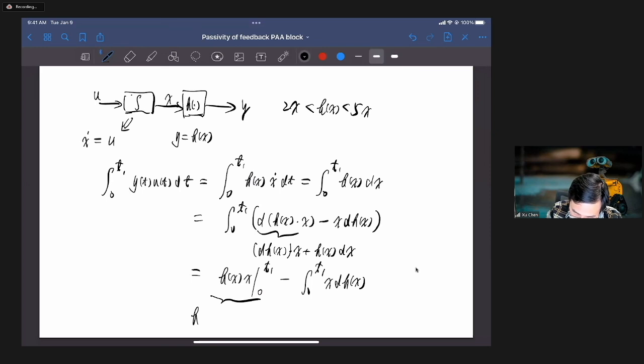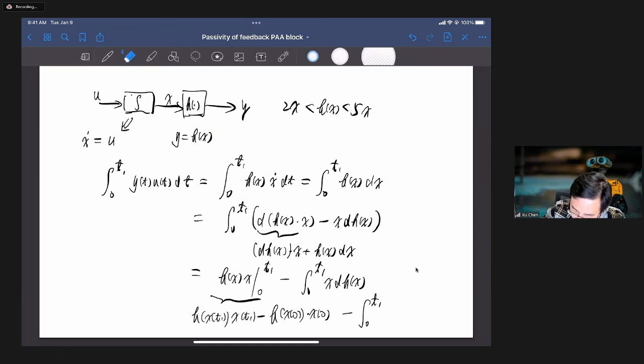This is h of x at t1 times x at t1, minus h of x at 0 times x at 0, and then minus the integral from 0 to t1. We know that this term we will be able to lower bound or upper bound, right?